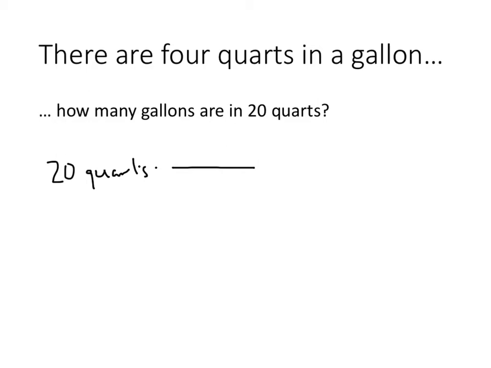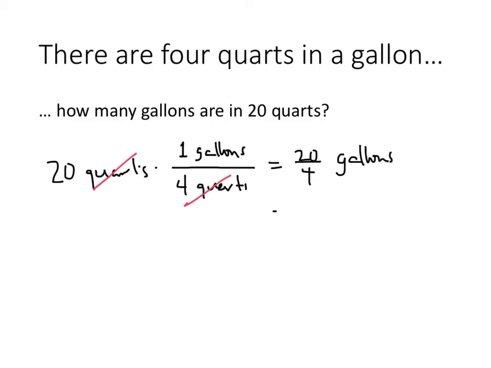In this case, we want to put the quarts on the bottom, because we want the quarts to divide out. In this case, the quarts go away. We get 20 divided by 4 gallons. We can check that 20 divided by 4 is 5, and so our answer is 5 gallons.